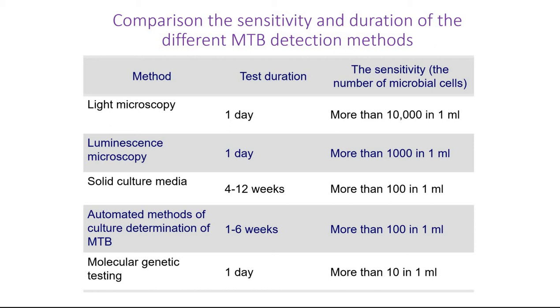Okay, you can tell me that light microscopy is also a very fast test. Yes, fast, but how about sensitivity in light microscopy? To have a positive light microscopy test, we need to have more than 10,000 microbial cells in 1 milliliter of specimen.